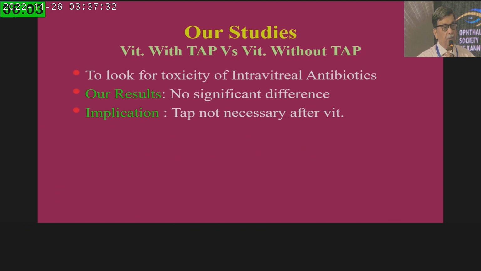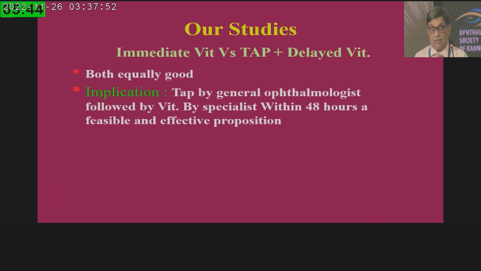If you've done a vitrectomy, do you need to give an intravitreal antibiotic? Well, actually, it's not. And incidentally, we do know that if you've done a vitrectomy, the toxicity does have a risk of increasing. In fact, Payman used to advocate decreasing the dose of intravitreal antibiotic.